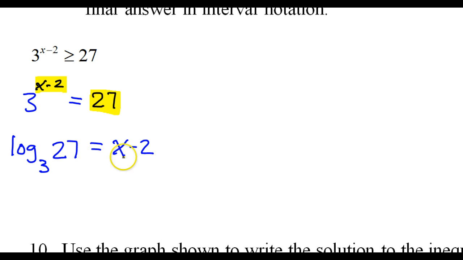Now, that's not going to be hard to do because if you understand what a logarithm is, then you're thinking to yourself, okay, the log is the exponent that's going to change this number into this number. So in other words, 3 to what power is 27? And hopefully you know that that's 3 to the third power. So right away, the value of that expression is 3.